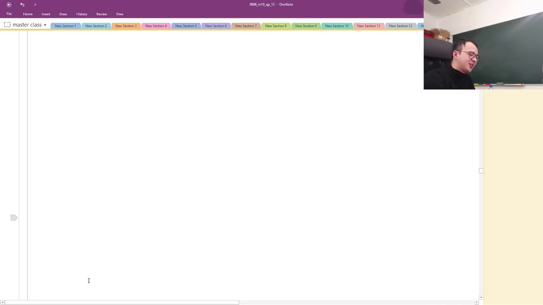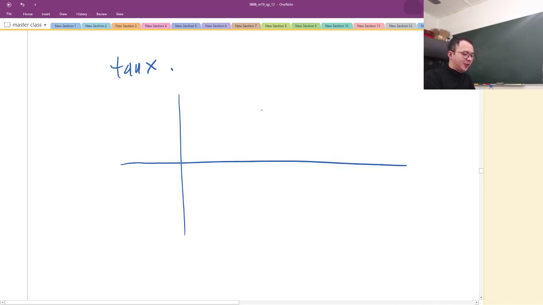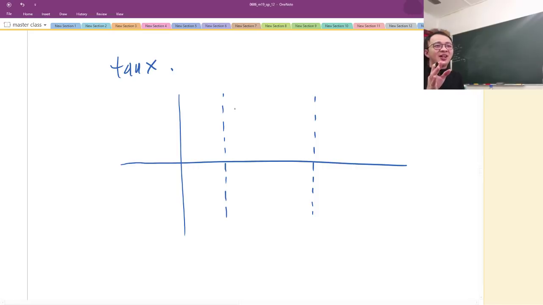The tangent graph is very easy. Basically, you need to draw two dotted lines. They call these asymptotes, but you don't need to know what asymptotes are. As long as you know that if the tangent graph touches this dotted line, it will get a math error. The dotted lines will be at 90 degrees and 270 degrees. Then tangent must always start from 0 and stop at 180 and also stop at 360.